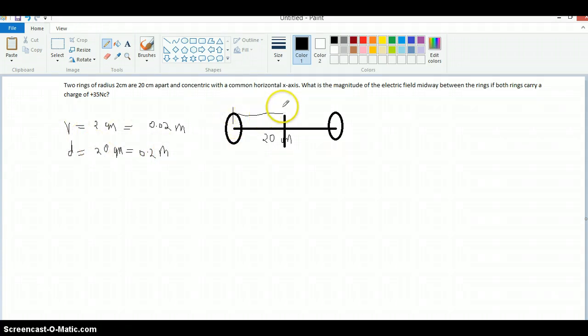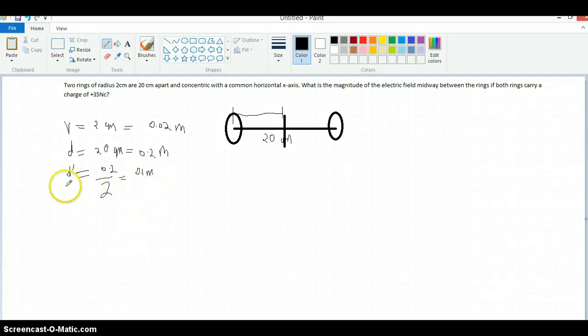Then I want to find the distance from the center of the circle to the midpoint, which is half of the whole distance. So the distance we need, d dash, would be 0.2 over 2, which is 0.1 meters.